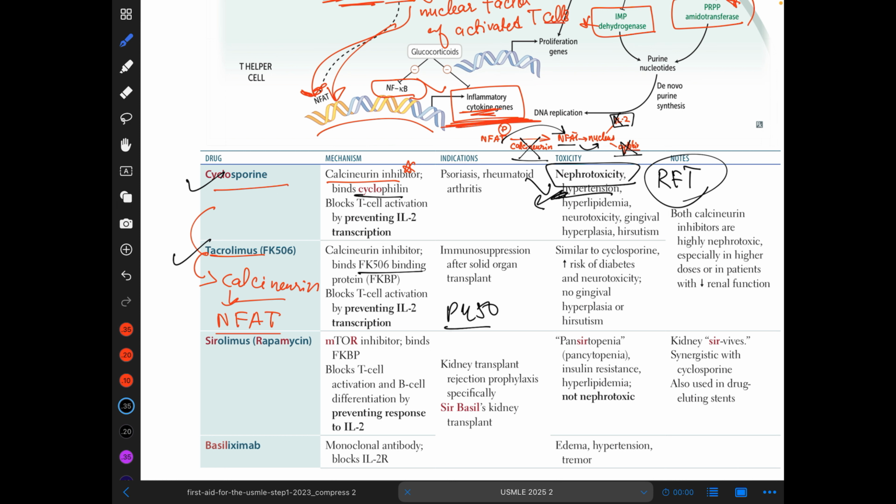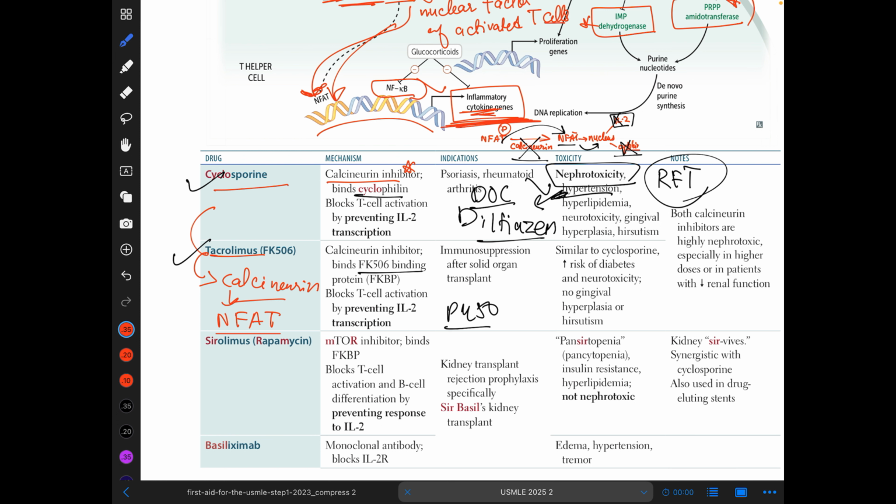Diltiazem also impairs cyclosporine metabolism and increases the drug levels, so to treat the hypertension we allow a lower dose of cyclosporine to be used in that patient.